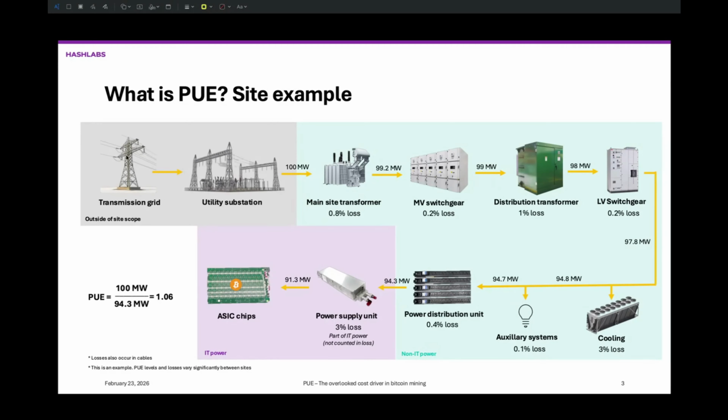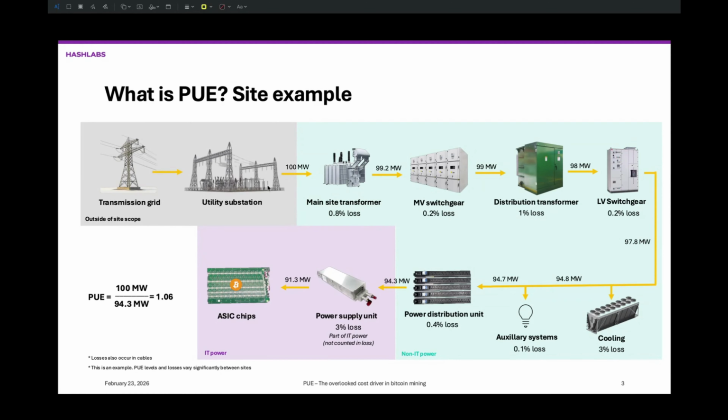Basically, it all starts on the grid unless you generate your own electricity for mining, but we assume now that everything starts on the grid. Then there is a substation that steps down the voltage from the grid, and this here is outside the site scope. So the miner is just getting the electricity delivered from the substation.